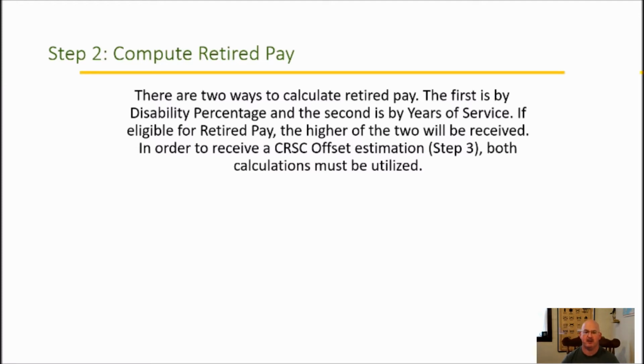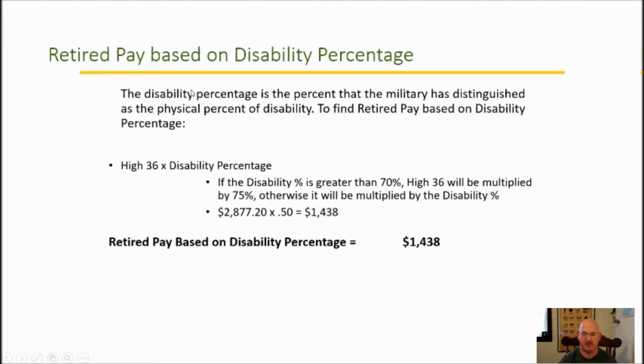If you're eligible for both, you're going to receive the higher of the two. And in order to receive CRSC, you've got to also use these calculations to determine what the CRSC offset is going to be, and that's the next step.